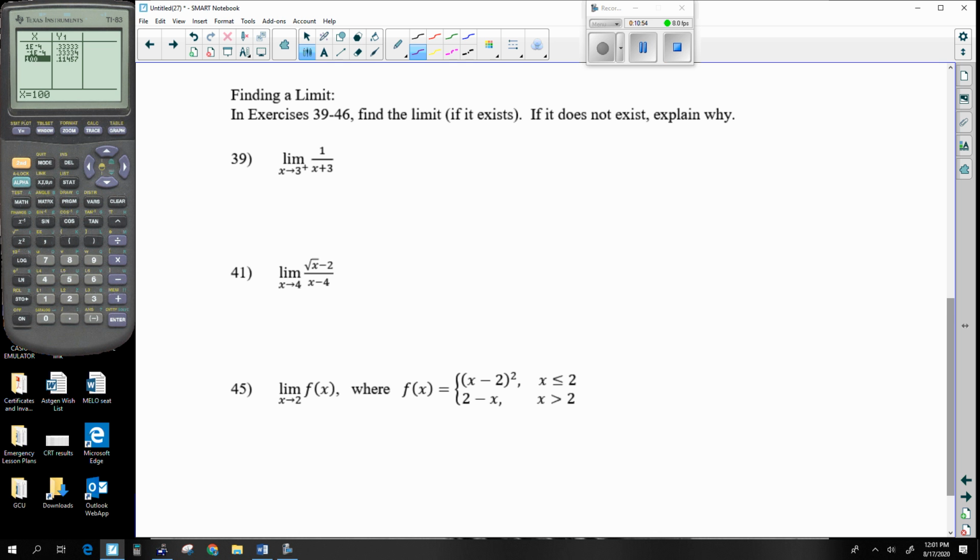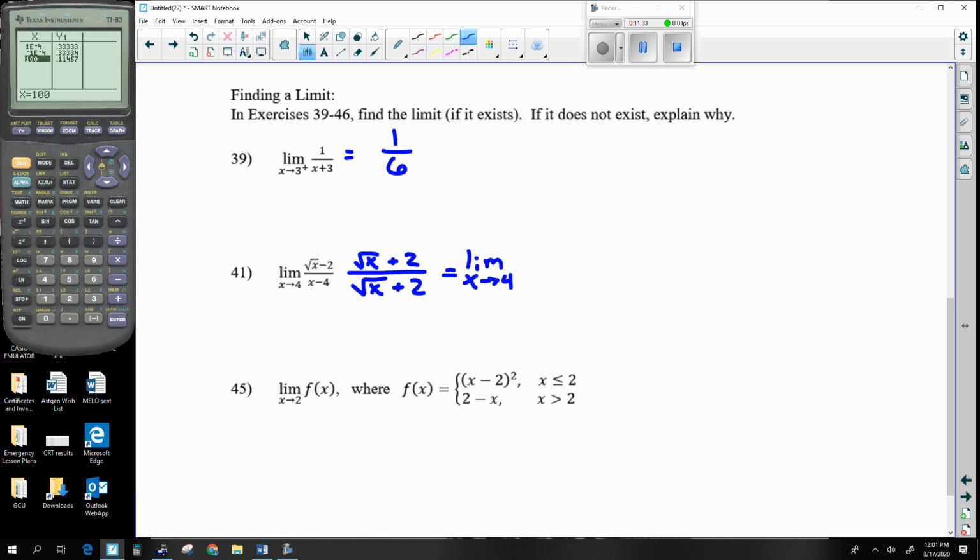Okay, test the limit if it exists. So for 3, this is a 6. That's not a big deal. For 4, I don't know if this exists. And just for giggles, this is what I'm going to try. I'm going to try multiplying by the square root plus 2. So let's give it a go here.